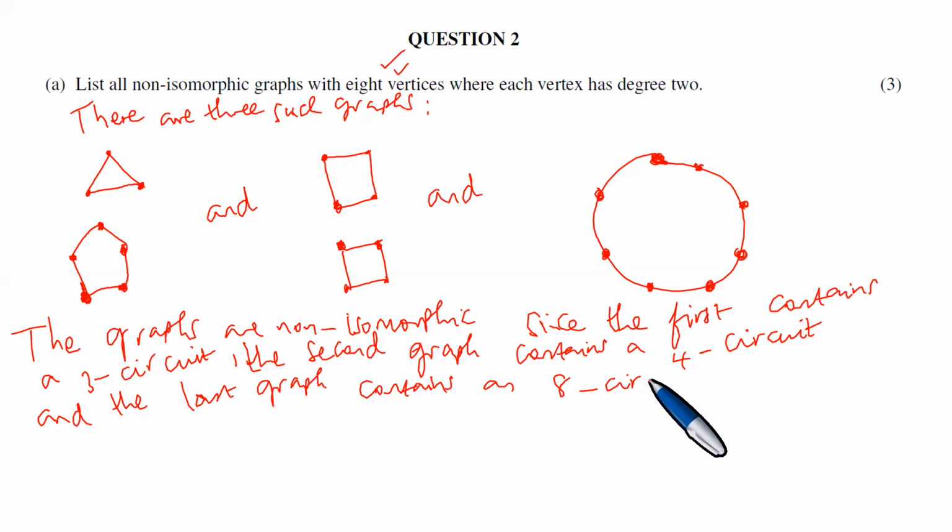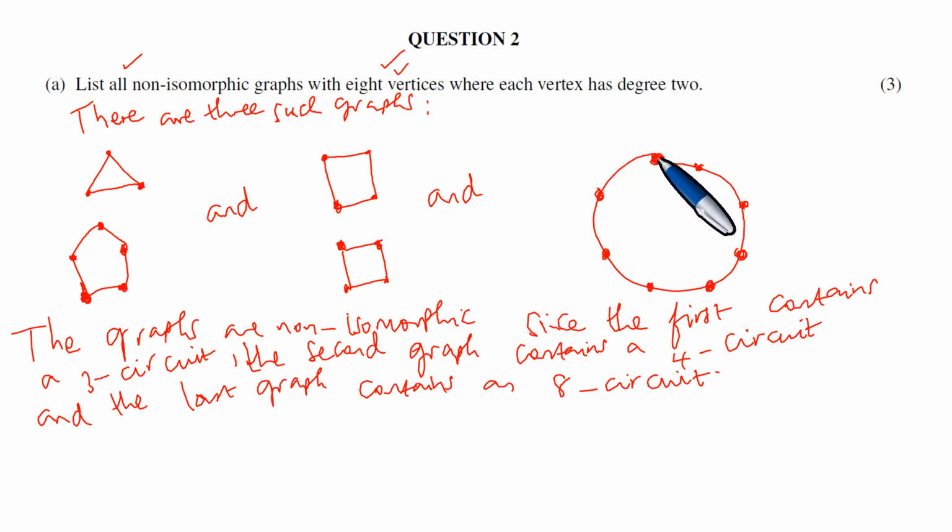Right, so obviously the last one contains an 8-cycle. Okay, because of the presence of cycles of different lengths, of different sizes, we conclude therefore that these 3 graphs are non-isomorphic. So list all non-isomorphic graphs with 8 vertices where each vertex has degree 2.